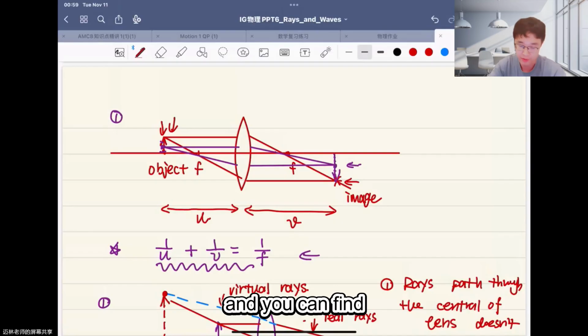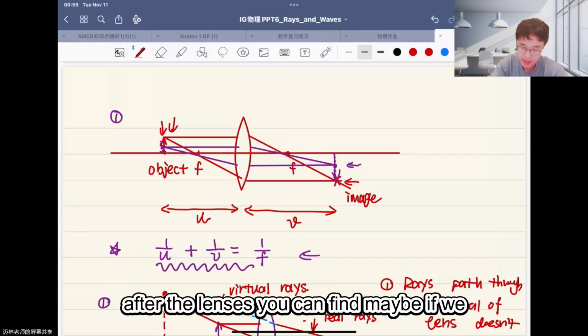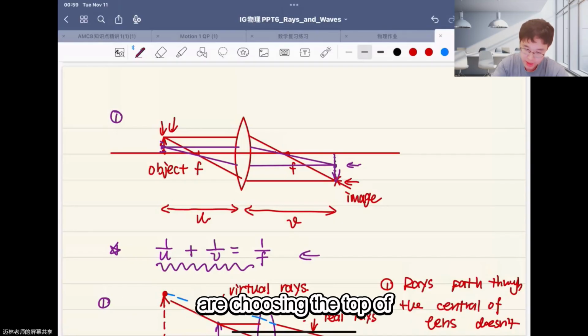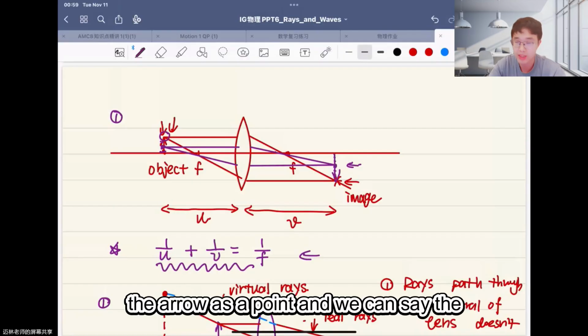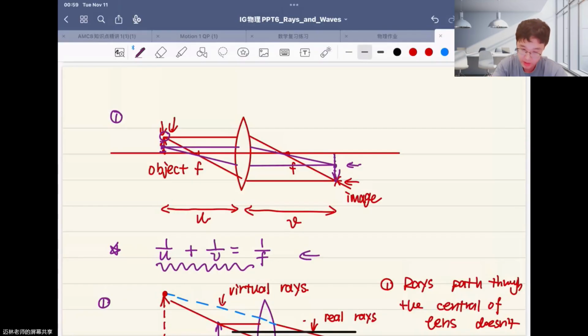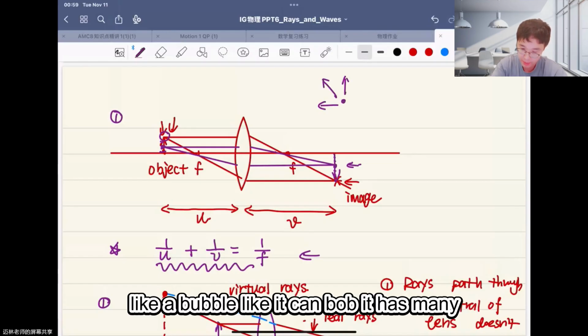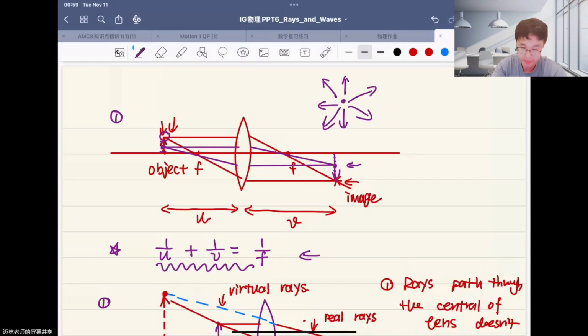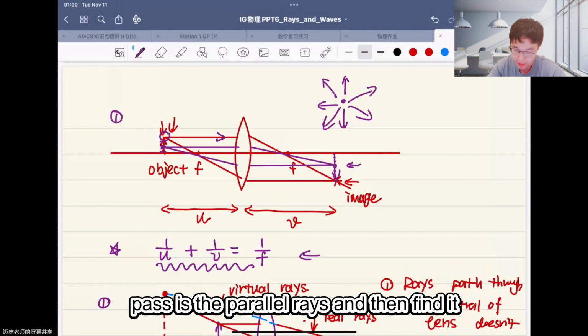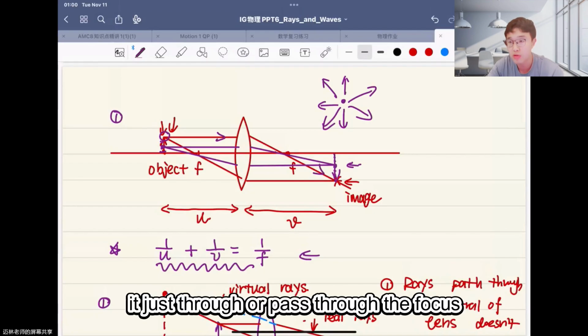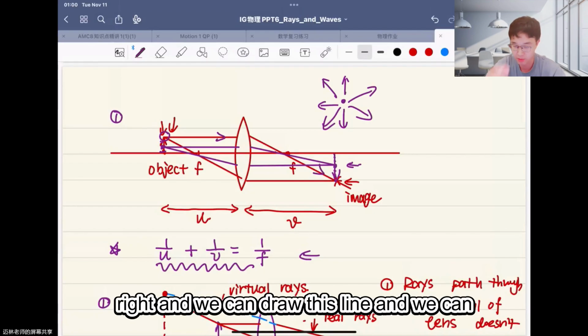If we choose the top of the arrow as a point, the point can have many rays, like a bulb can have many rays outside, right? So maybe the first is the parallel ray, which passes through the focus, and we can draw this line.